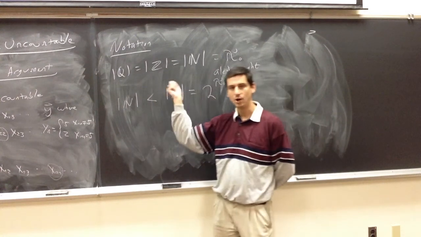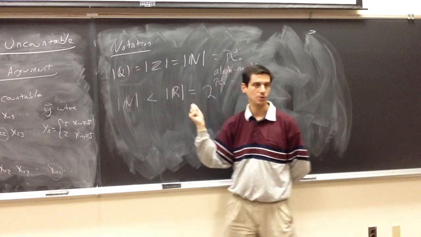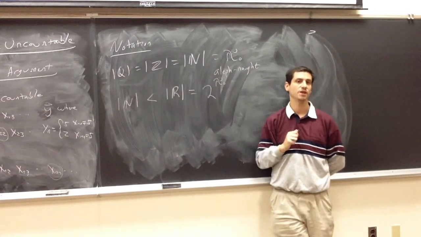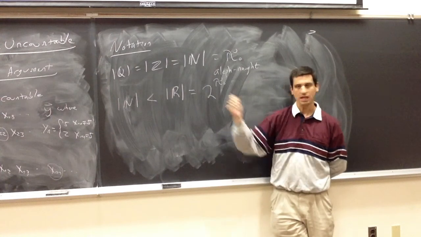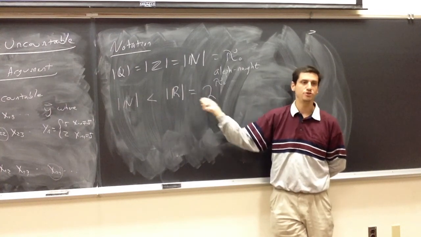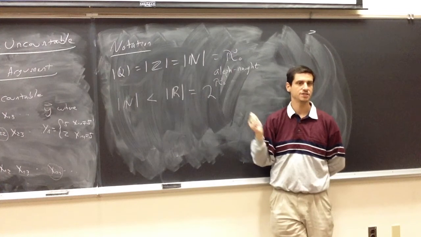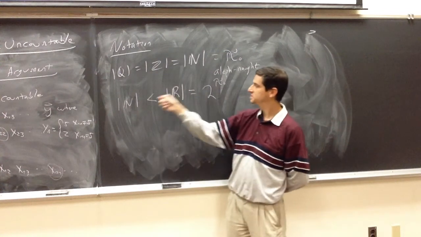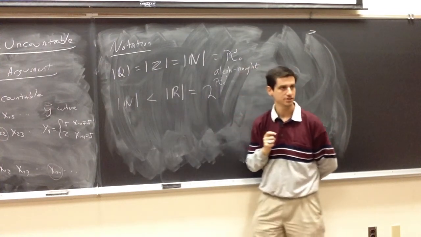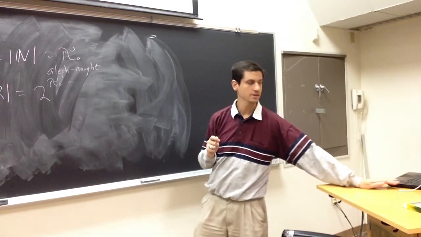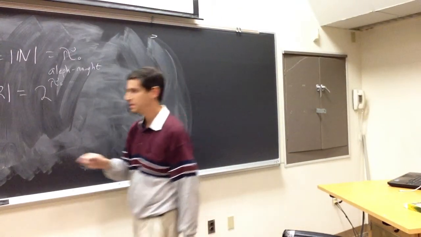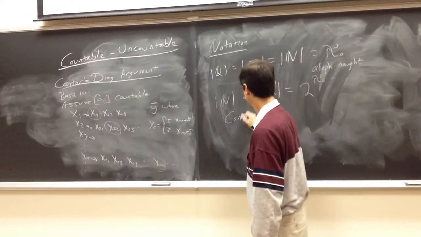Whenever I do a power set, the number of elements in the power set is 2 to the number of elements in the set, because each element you either take or don't take. We know these numbers are different infinities. The question is, are they adjacent infinities, or is there something else between them? This is the continuum hypothesis.